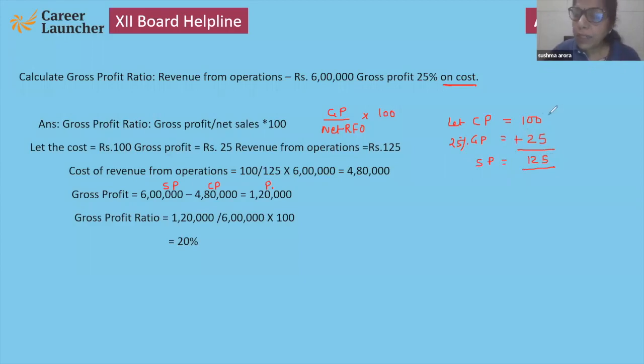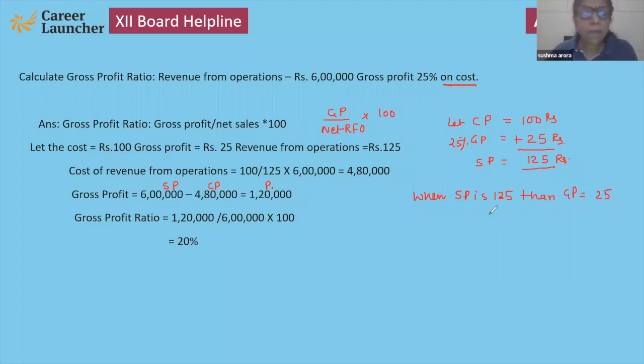Okay, 100 rupees is the cost, you earned 25 rupees profit, selling price came to 125. Use unitary method. Go back to class 4: when selling price is 125, then GP or P is equal to 25.